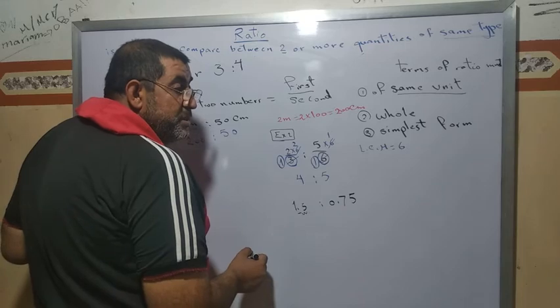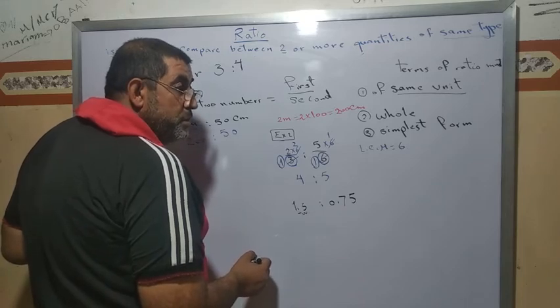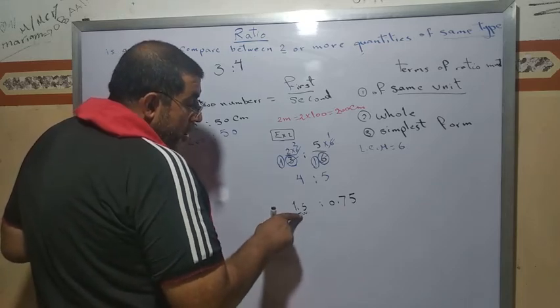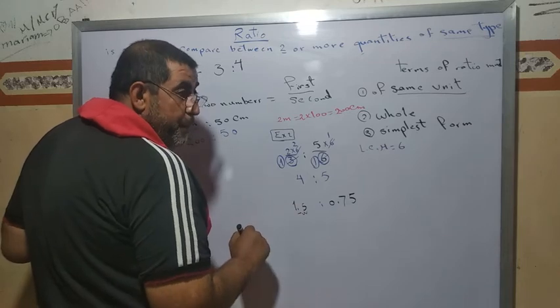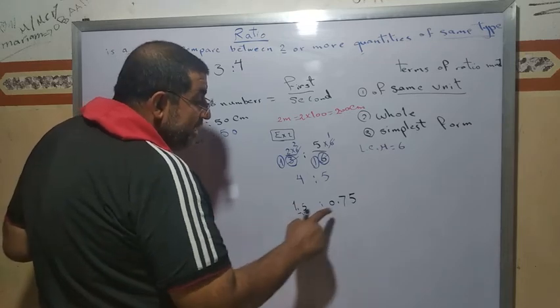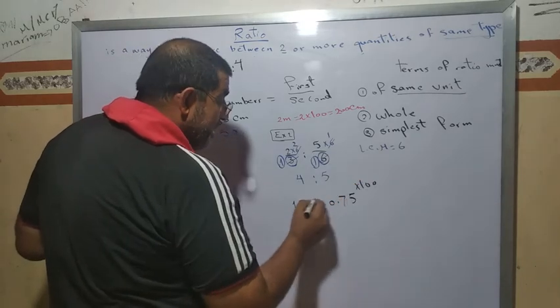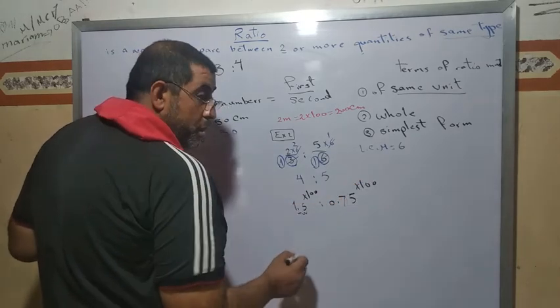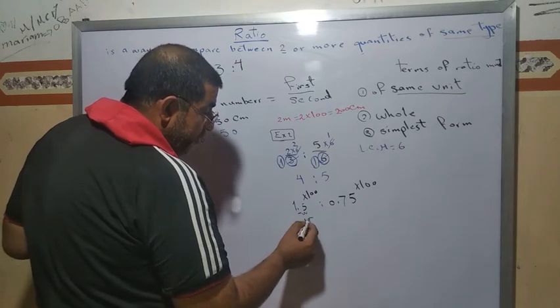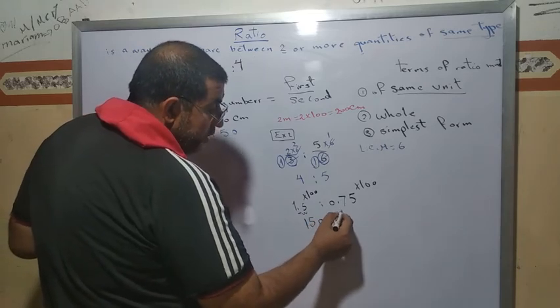We must make these numbers whole. How do we get that? By eliminating the decimal point, by multiplying the two terms by 100. So we multiply this term by 100 and this term by 100. It will become 150 to 75.